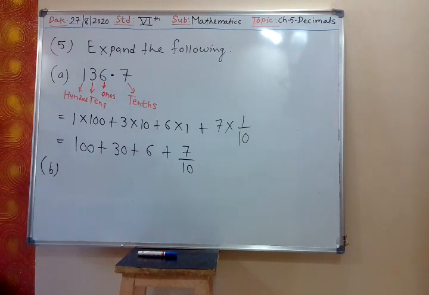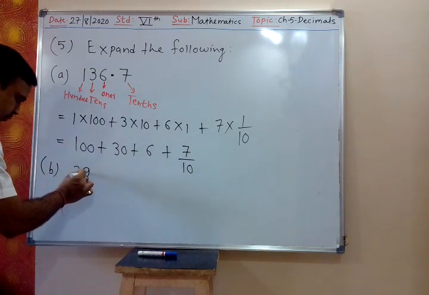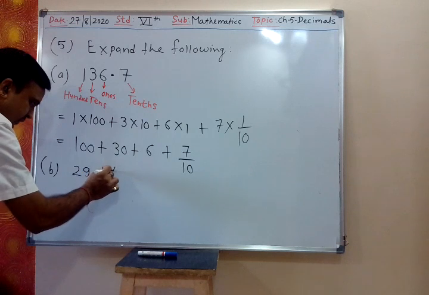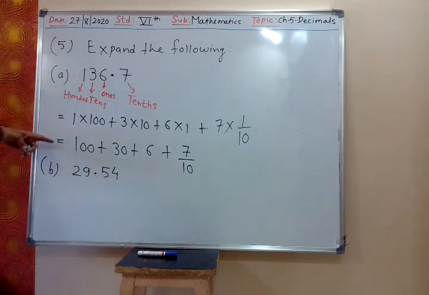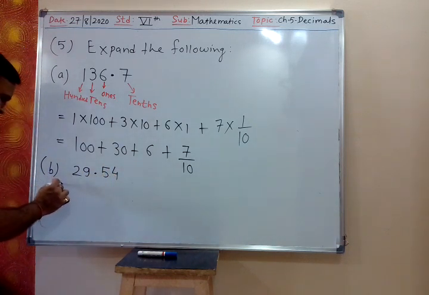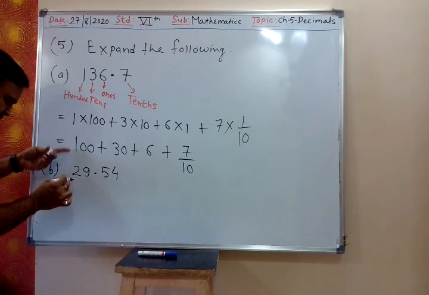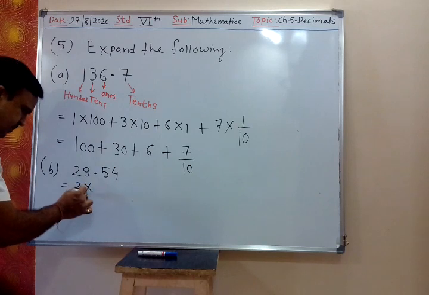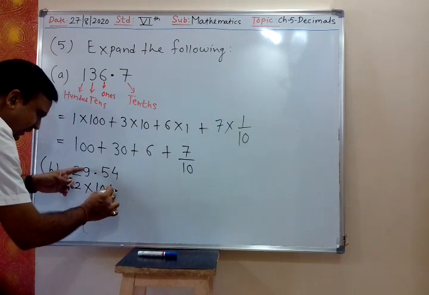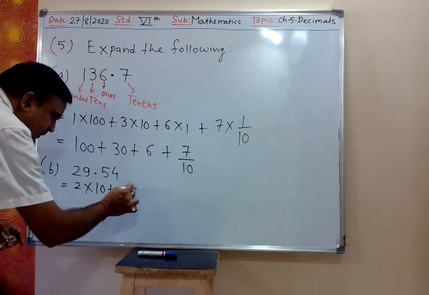Right. Now the next question is 29.54. Here this is 2. The position of 2 is tens. So 2 into 10 plus the position of 9 is ones, 9 into 1.